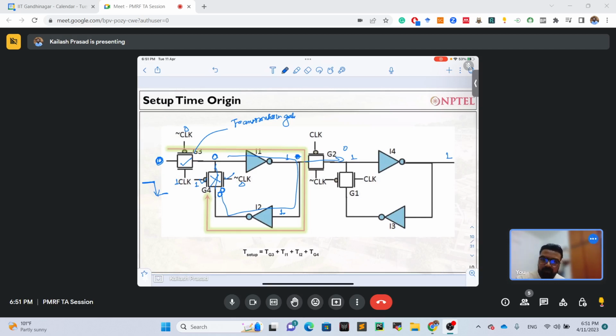So this entire time, from tg3 to t1 to t1 to tg4, is actually the setup time. Because this is the internal structure of the flip flop, which is saying that the data should be stable at least this much of time, such that data should not change before the latching.